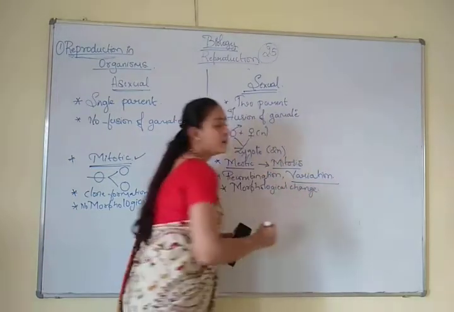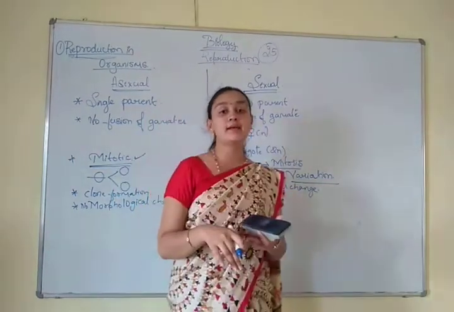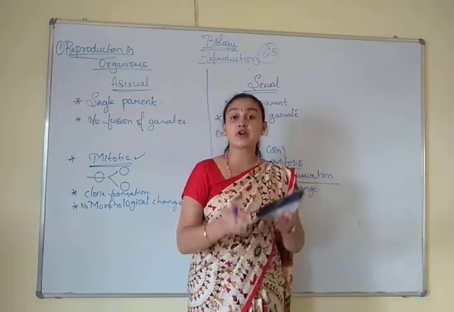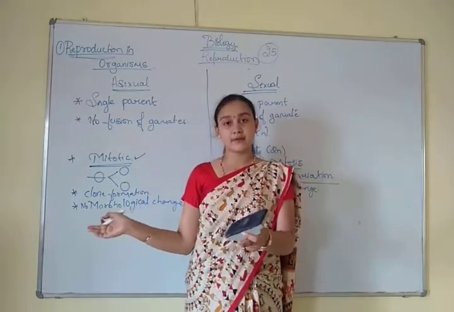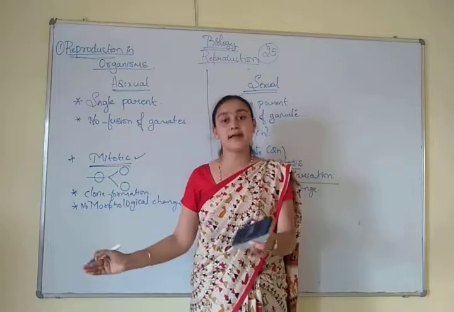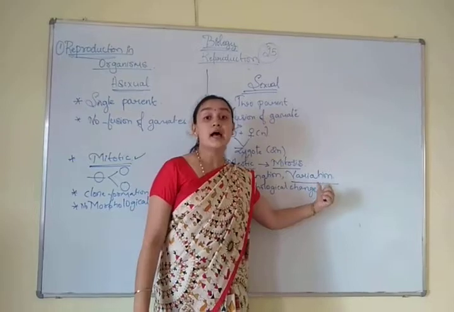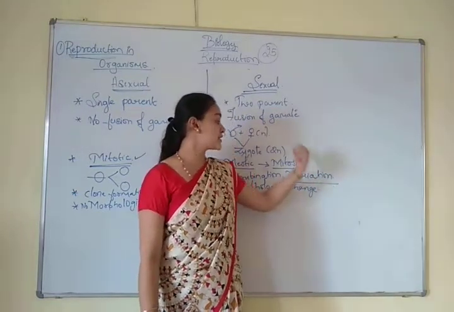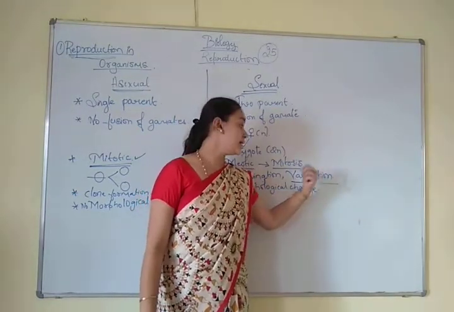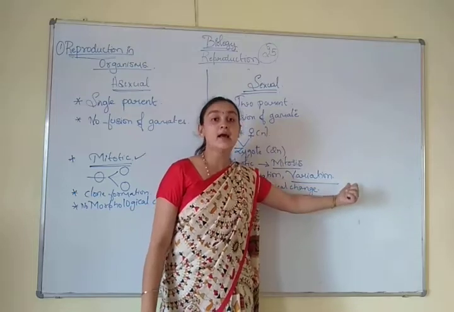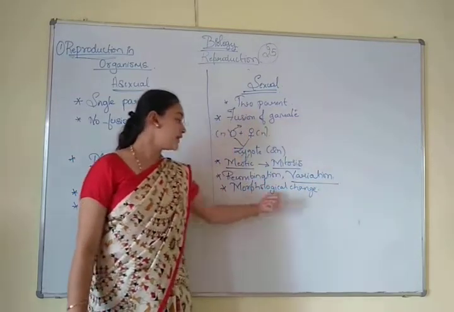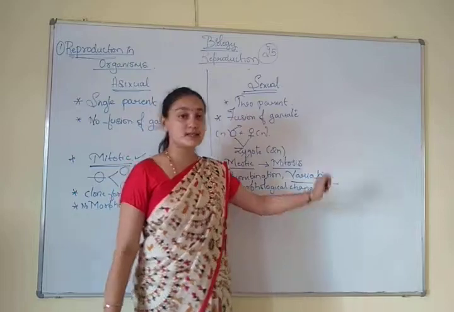Morphology ಅಂದ್ರೆ ಏನು? Morphology means external appearance. So the external appearance of a child will be different from its parents. ಆಯ್ತಾ? ಯಾಕೆ ಇದು morphologically changes ಇರುತ್ತೆ? Because whatever the fused gametes ಏನಿರುತ್ತೆ, there will be the variation. ಅದಕ್ಕೆ ಅದರಲ್ಲಿ ವೇರಿಯೇಷನ್ ಇರೋದ್ರಿಂದ ಇಲ್ಲಿ morphological changes ಇರುತ್ತೆ.